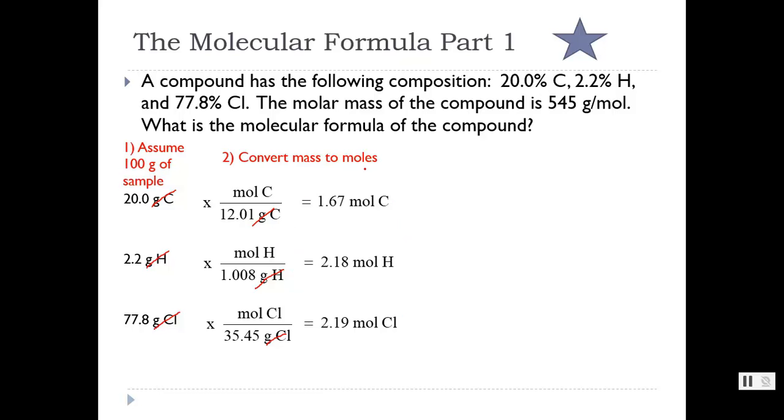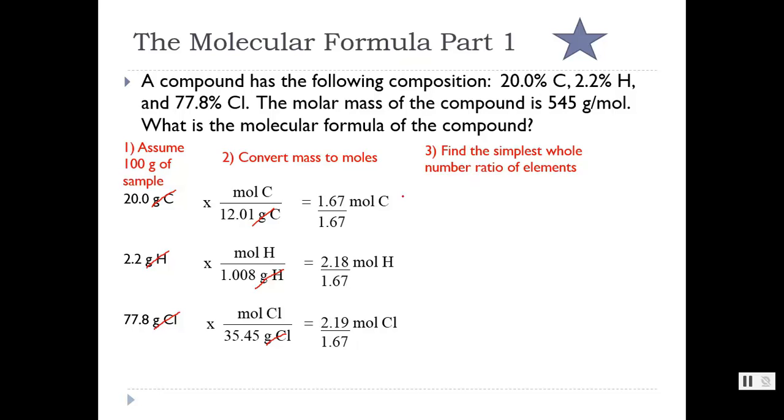Then our third step is we need to get those numbers into whole numbers to use as subscripts in our empirical formula. And to do that, you look at the numbers that you have, which in this case is 1.67, 2.18, 2.19, and you divide each of them by the smallest number. 1.67 is the smallest, so I divide each of them by 1.67 to find the simplest whole number ratio.